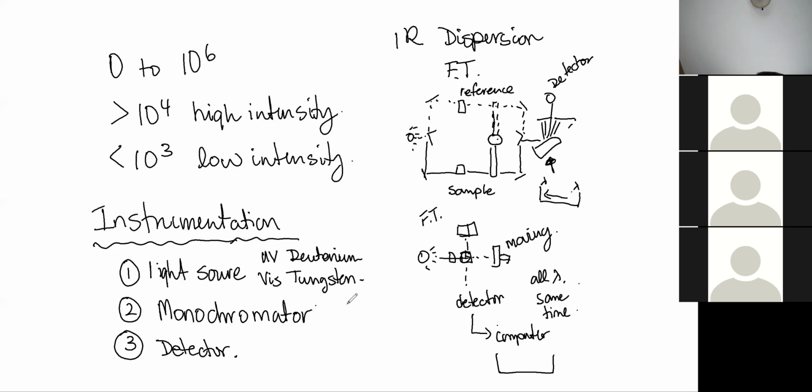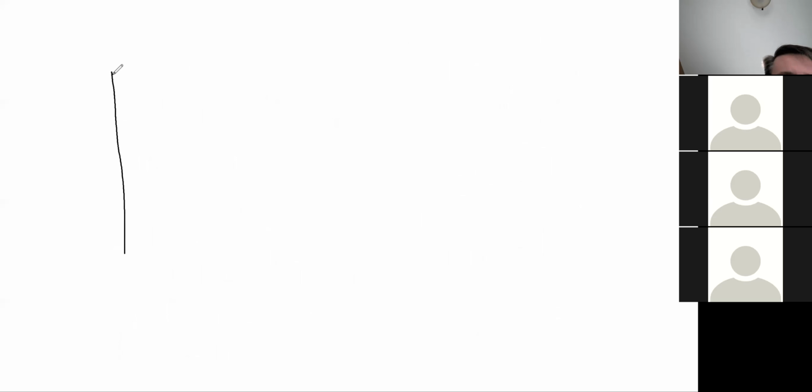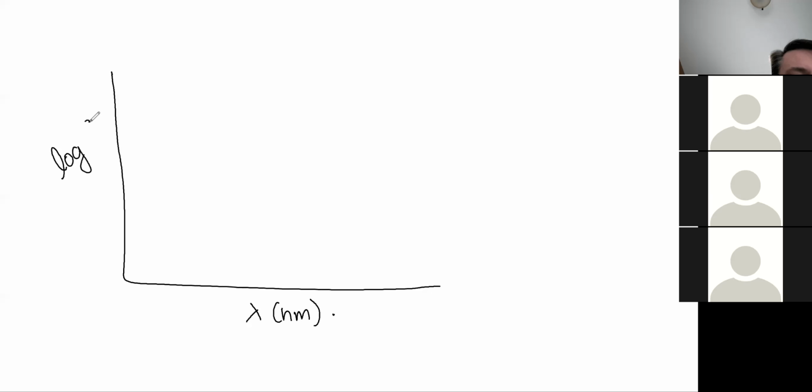And so the way that this is essentially plotted is, on the x-axis, you've got your wavelength in nanometers. And on the other, you've got the log of epsilon, or sometimes it's just epsilon, but usually it's the log.